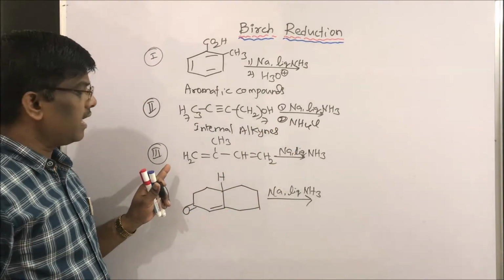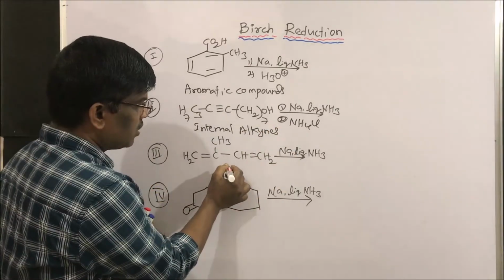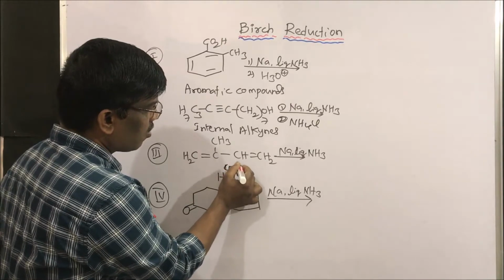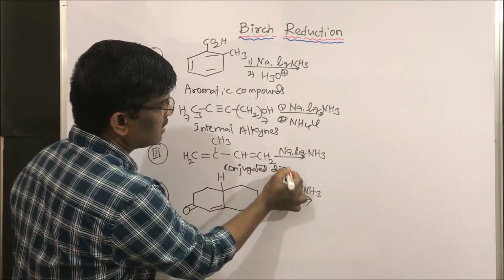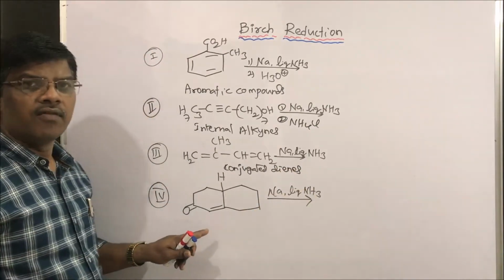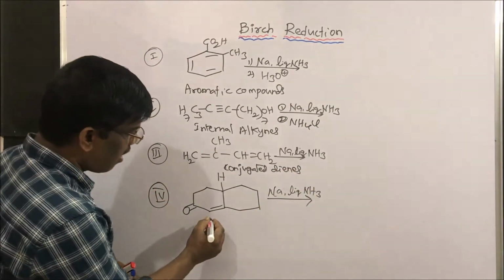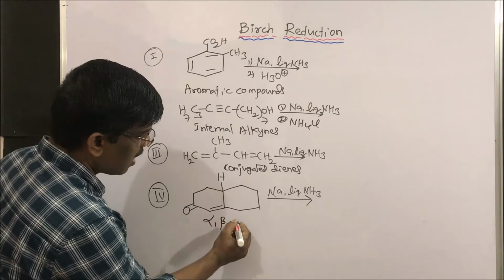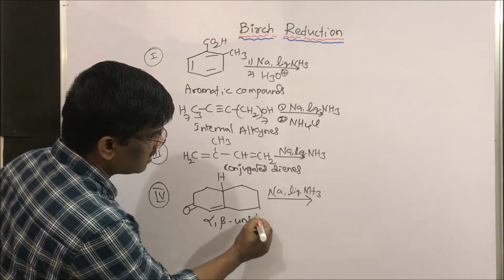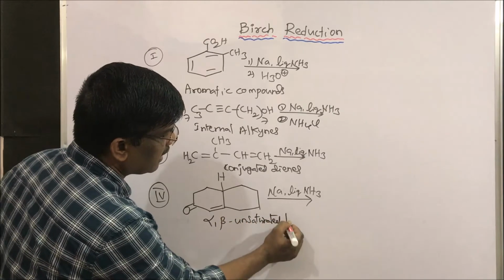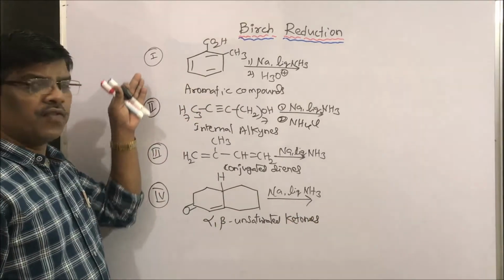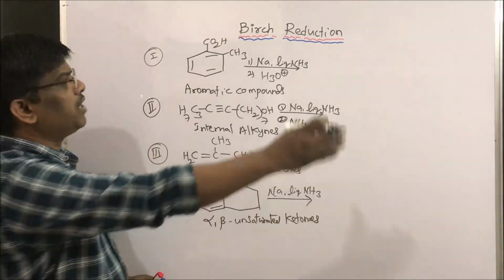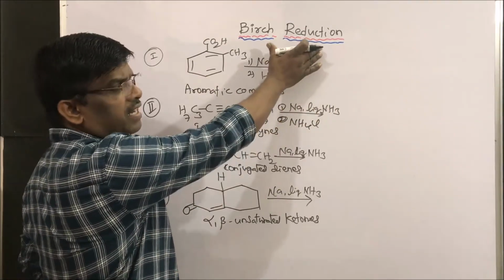Number 3 category is conjugated dienes. And the fourth category is alpha beta unsaturated ketones.